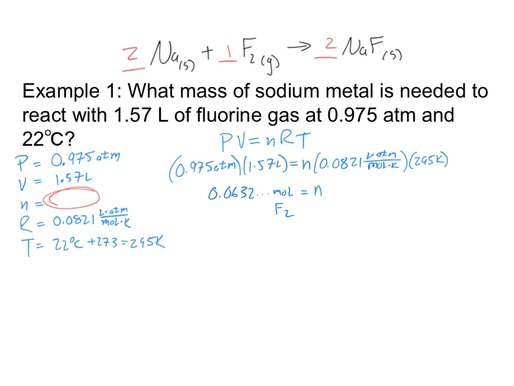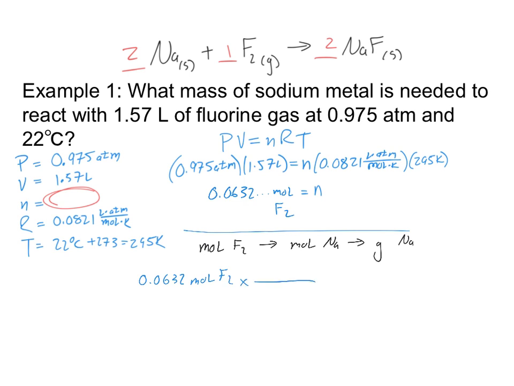So now that I know the number of moles, what I'm going to do next is use the stoichiometry to convert from moles of F2 to moles of Na, which is what it's asking me to solve for, sodium, and then eventually to mass of sodium. So I'm going to take the 0.0632 moles of F2, and I'm going to consult my mole ratio, and this time my mole ratio is 1 mole of F2 for every 2 moles of sodium.